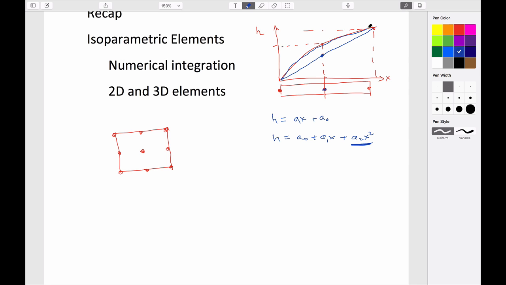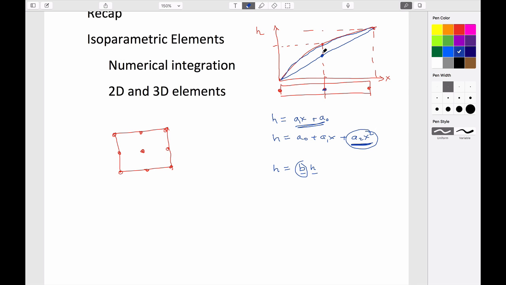And so what we could do is we could use all the tenets that we've previously talked about. We could define shape functions that allow us to map the head at any particular location as a function of a shape function multiplied by the nodal values of heads, where now the shape function, instead of being only linear, which we have done, now includes a term that is this, and that then allows us to be able to accommodate this.